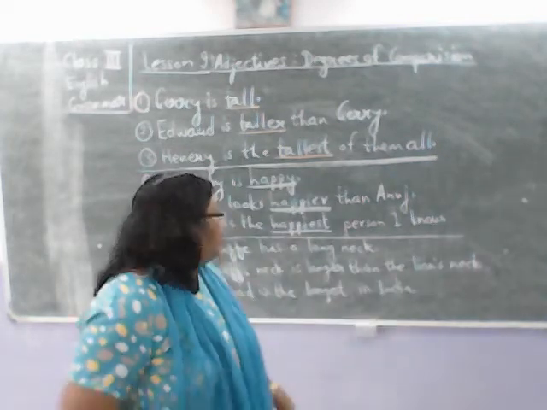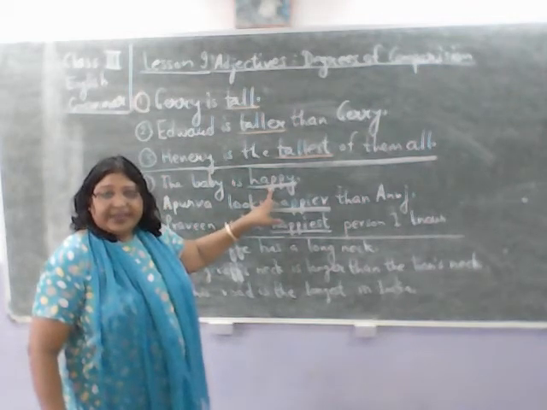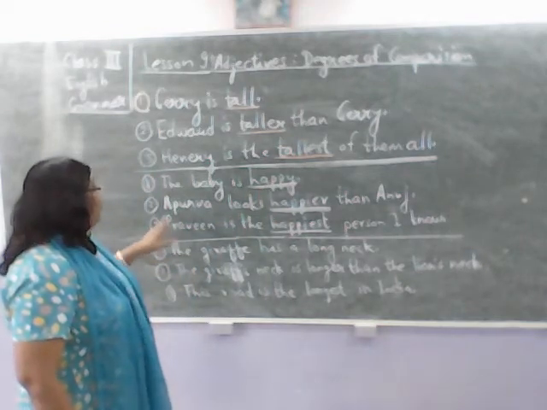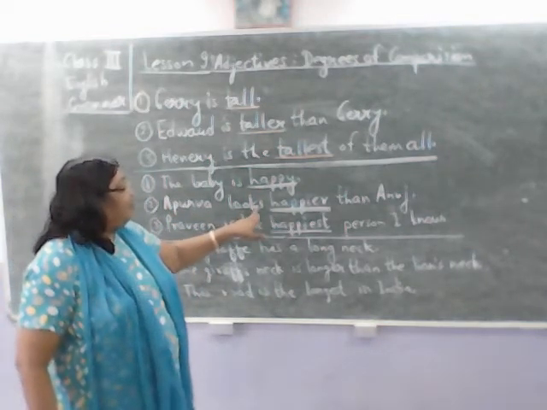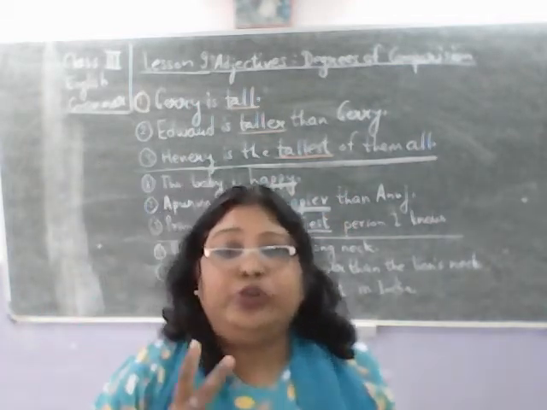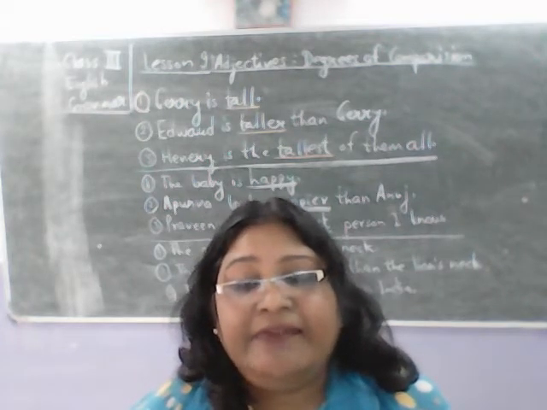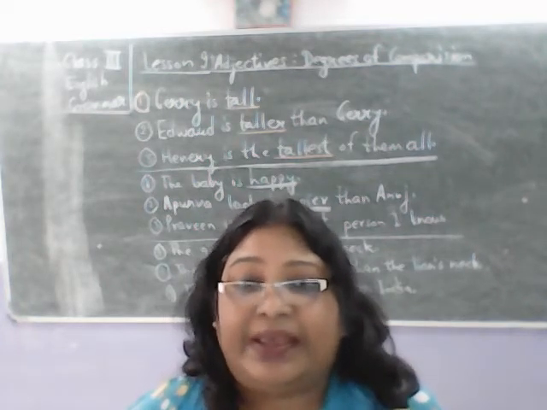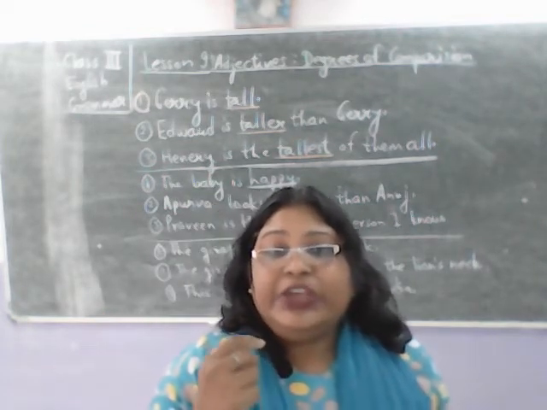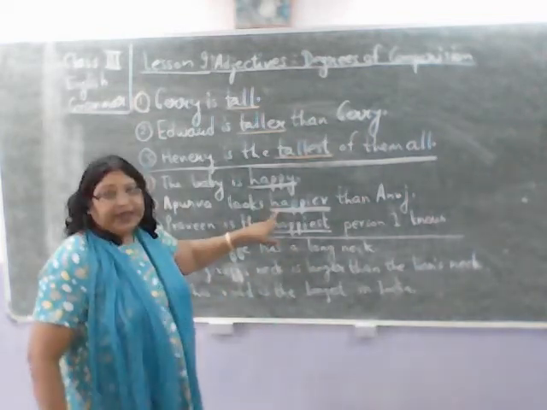For example, the baby is happy. Here we are saying about the baby, so we use the word happy. Now if you see, Apurva looks happier than Anuj. So here we are comparing two boys, Apurva and Anuj, and we are comparing their happiness. So when we compare two, we use the adjective happier.